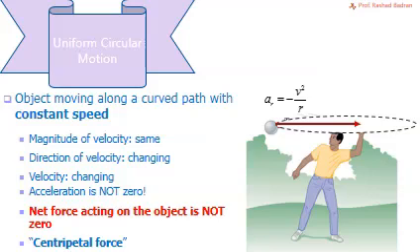The minus sign shown in the formula indicates that the direction of the acceleration is towards the center. This is because every r vector has a positive sign in polar coordinates when it's drawn from the center outwards.